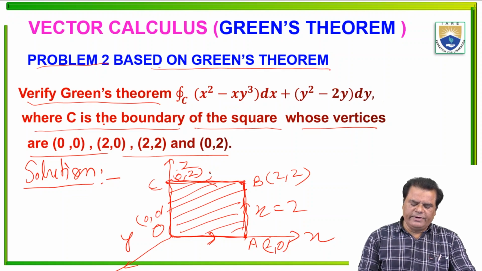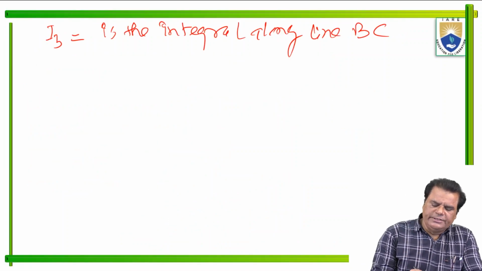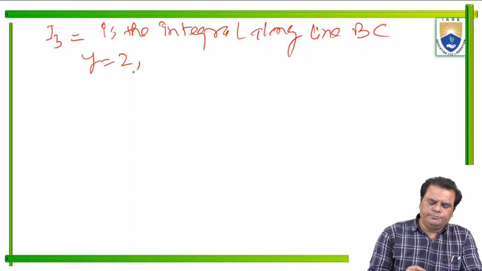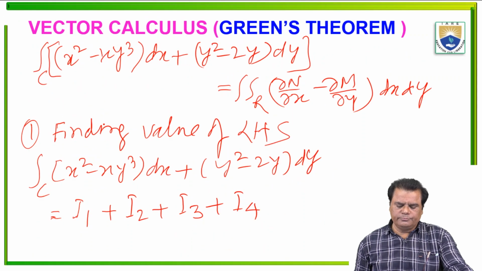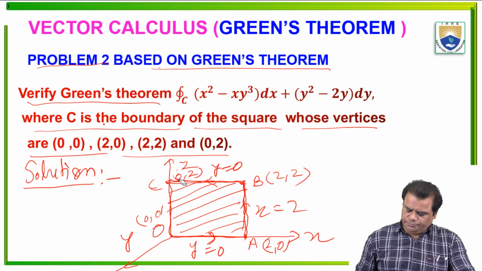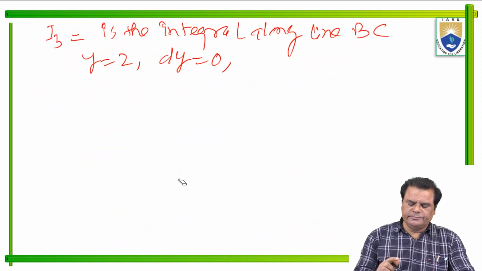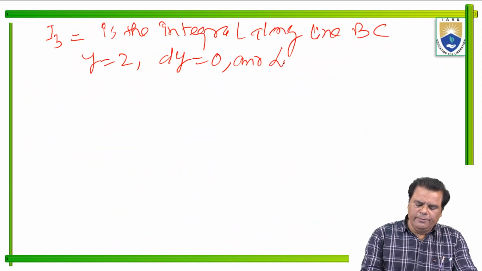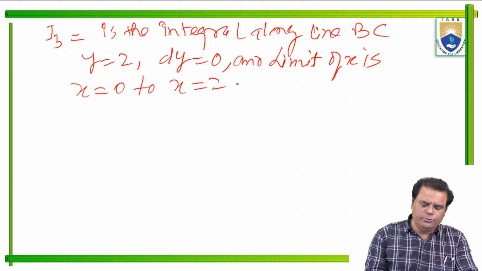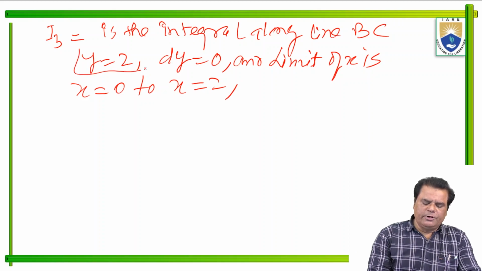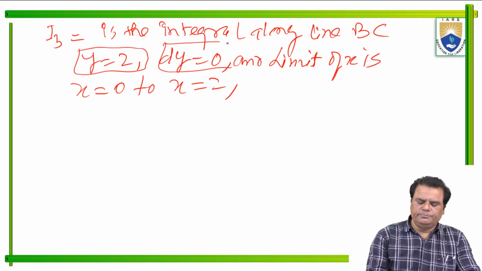Along line BC, y equals 2 means dy is 0, and x limit is from 0 to 2.